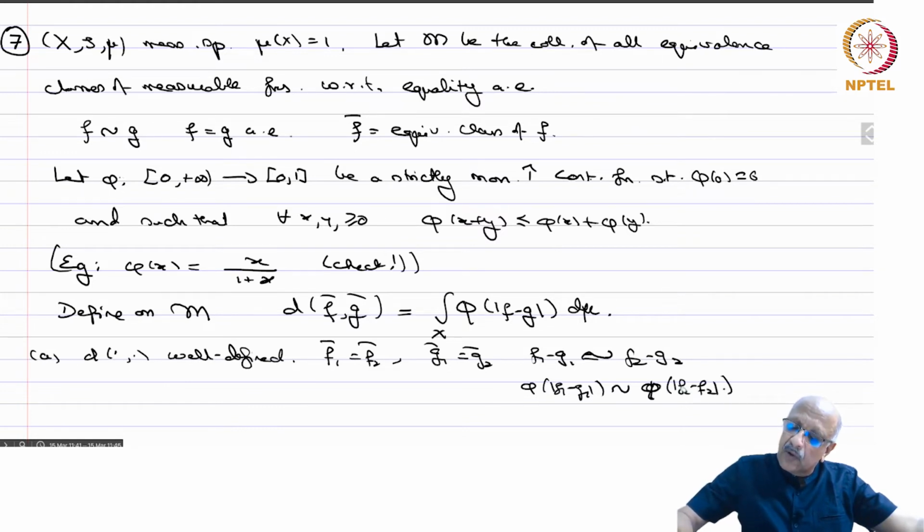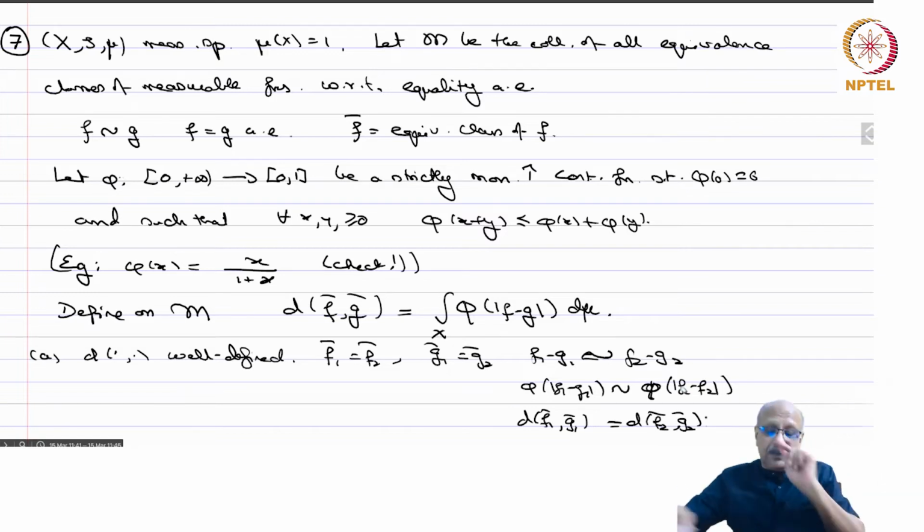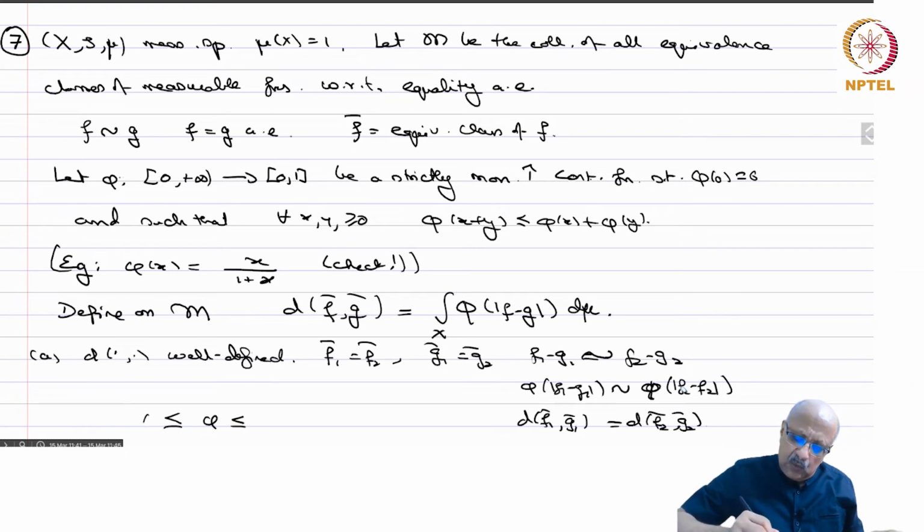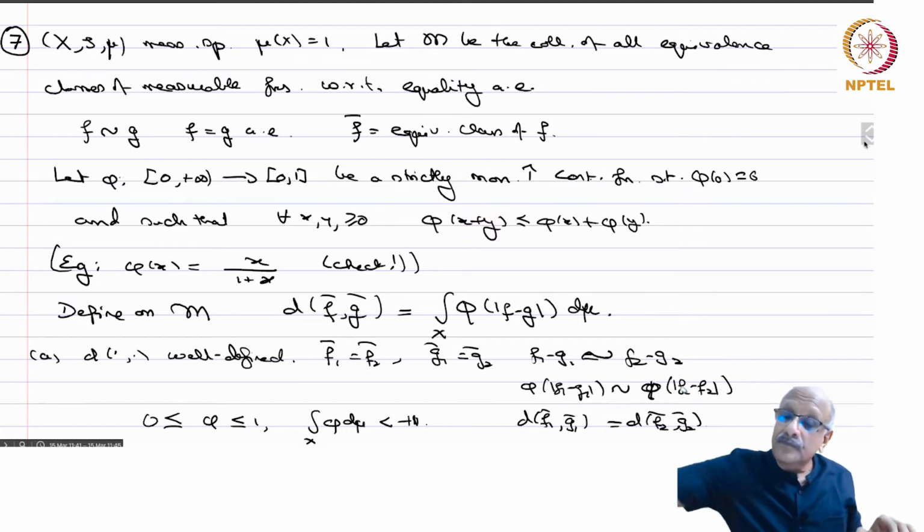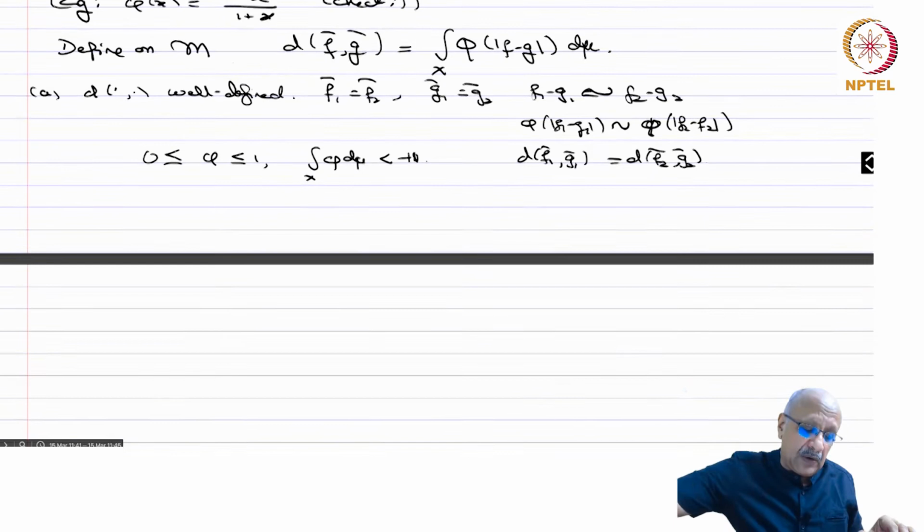That means they are equal almost everywhere, and therefore d of f1 bar, g1 bar is the same as d of f2 bar, g2 bar. So it doesn't matter by which representative you calculate, and therefore this is well defined. Also phi is between 0 and 1, and therefore the integral of phi over X d mu is always less than plus infinity. So this is well defined.